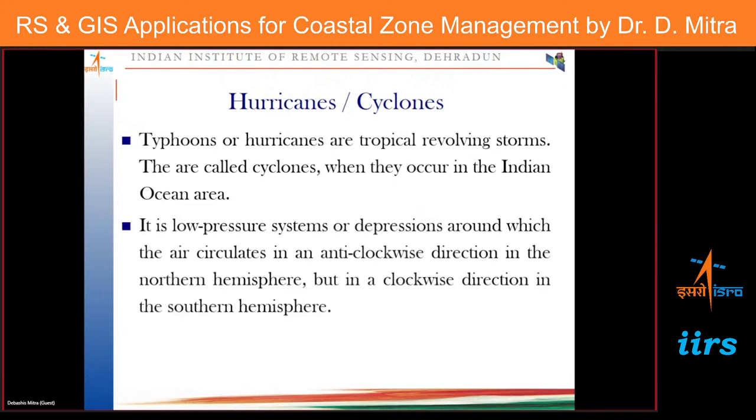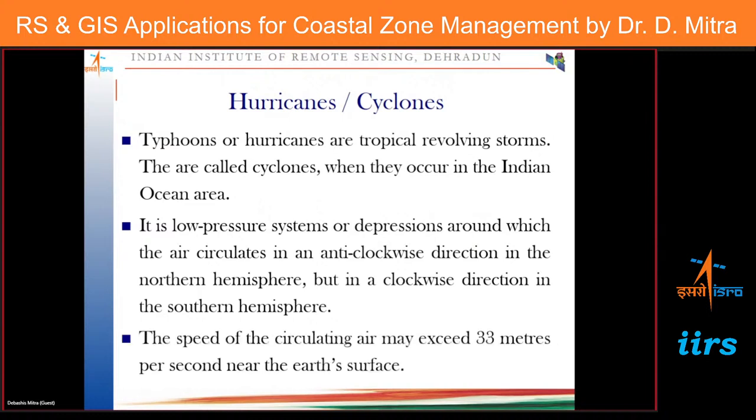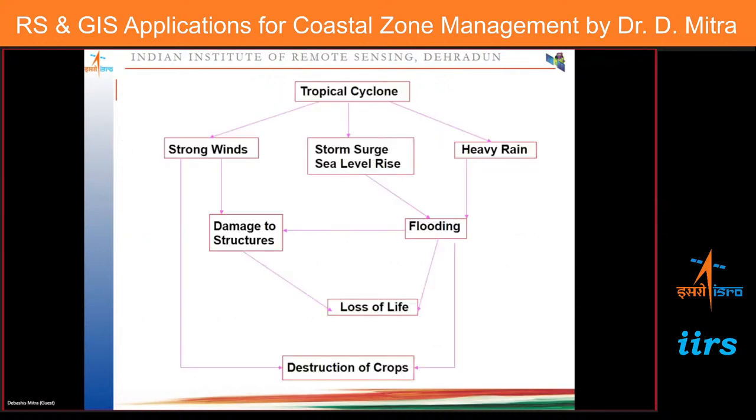Depending on the place, in America and Canada we call them hurricanes or typhoons. It is a deep low pressure system around which the air circulates anticlockwise in the northern hemisphere and clockwise in the southern hemisphere, and the speed of the circulating air must exceed 33 meters per second near the Earth's surface. This is the speed limit.